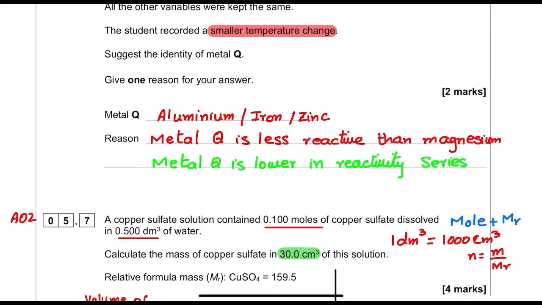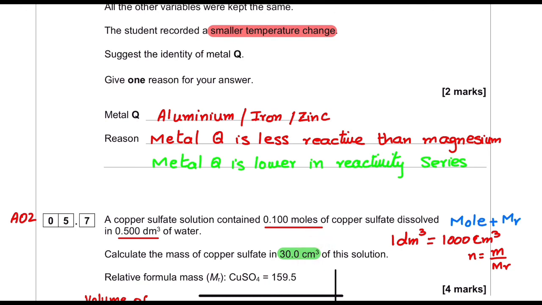Calculate the mass of copper sulfate in 30 cm cube of this solution. The relative formula mass of copper sulfate is given as 159.5. The volume is given in dm cube, and we need to find the mass of copper sulfate in 30 cm cube.